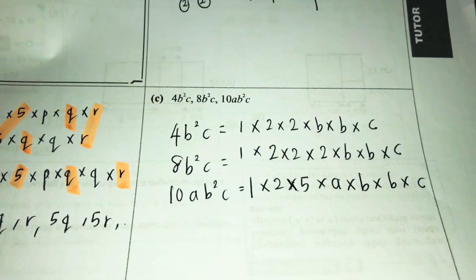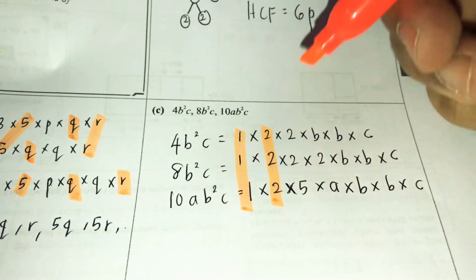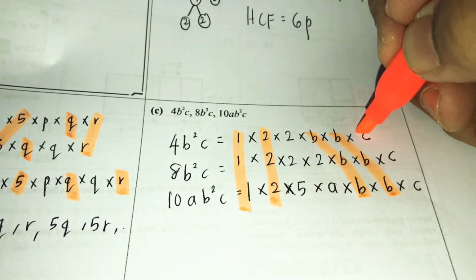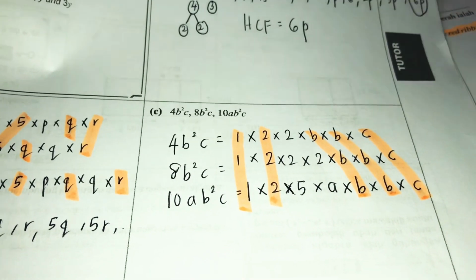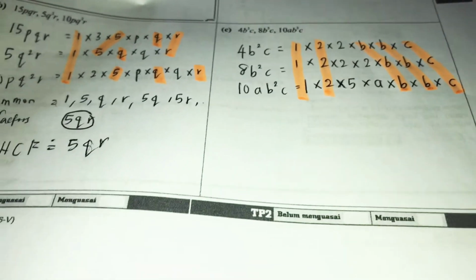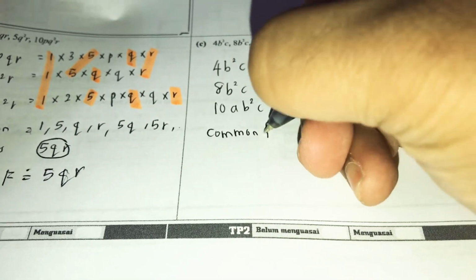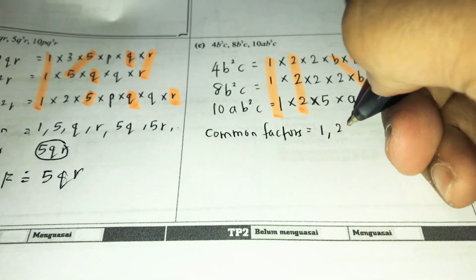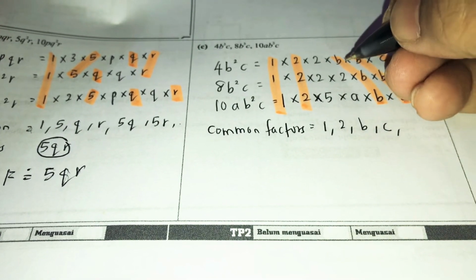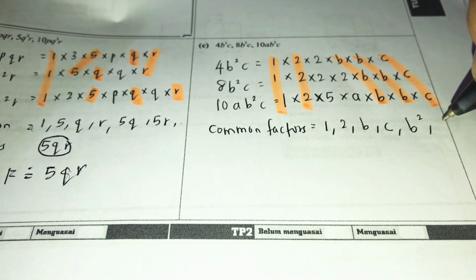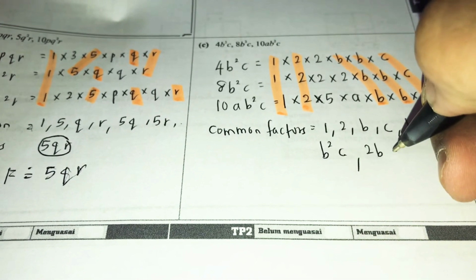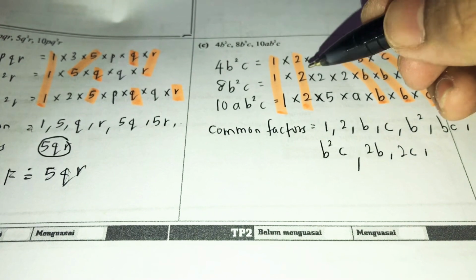Okay, then find the common. Common means same: 1, 2, and then we have B, we have B, C. Okay, now you write the common factors 1, 2, B. Because B repeats 2 times, you just write B only, and then C, and then B times B, B square, B times C, you get BC, and then B square times C, you get B square C, and then 2 times B, 2B, and then 2C, and then 2B square.